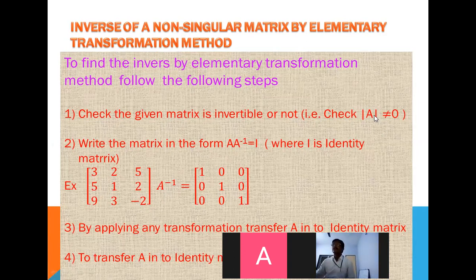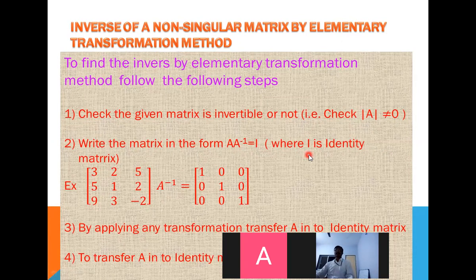That means the determinant of the given matrix is not equal to 0, that is, the matrix is non-singular. Then the second step is to write the given matrix in the form A into A inverse is equal to I. Here I is the identity matrix.